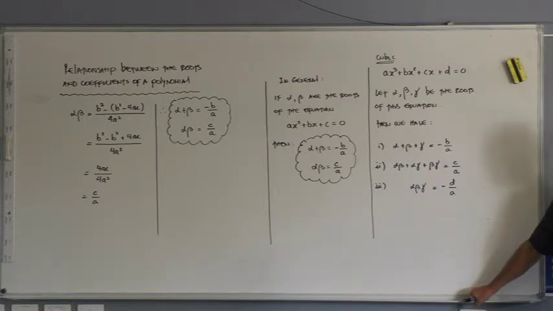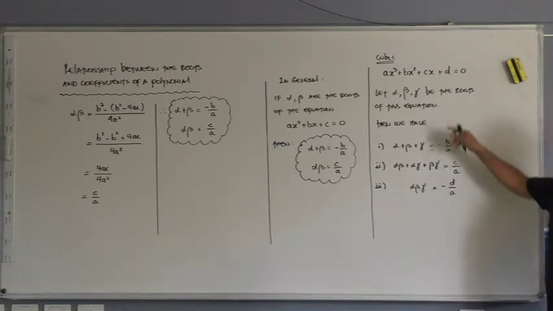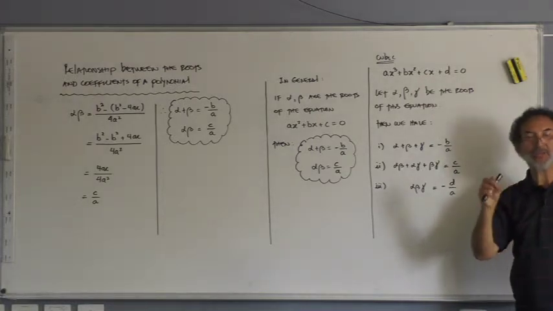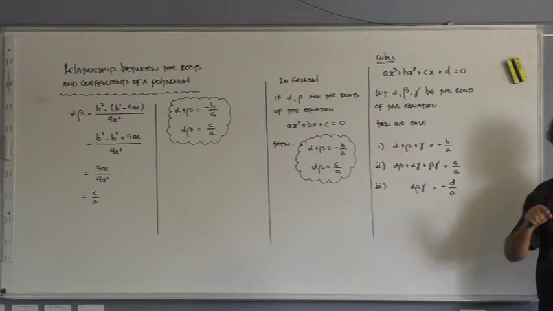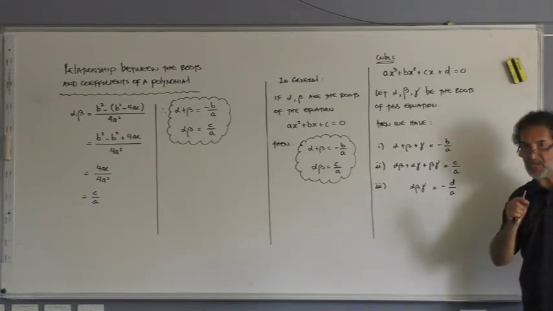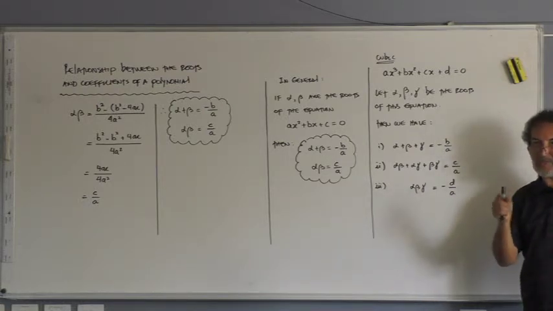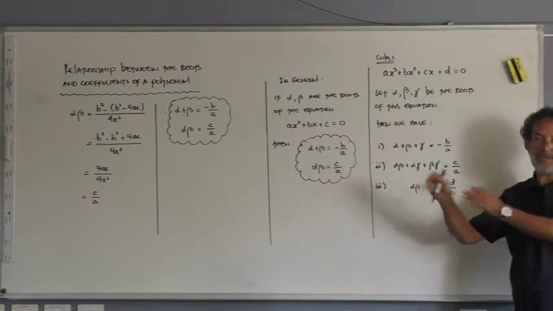So, factorize the cubic. You're going to be able to do this. I'm going to give you the three solutions of a cubic equation, and then you're going to be able to create the equation and say, okay, this solution is coming from this equation.